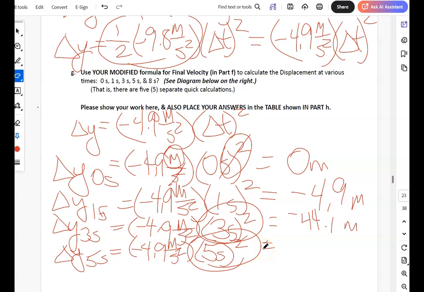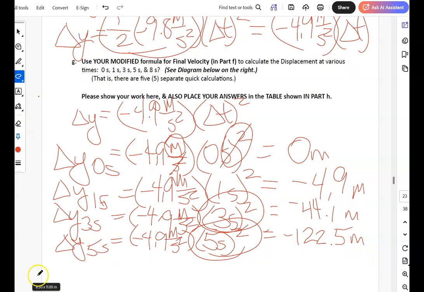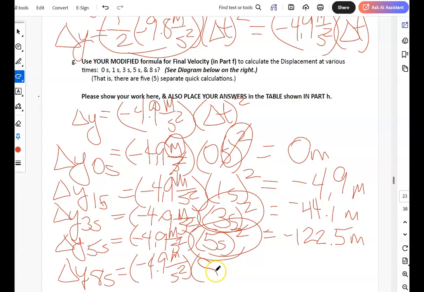And when we multiply that out, we get that the object has fallen 122.5 meters. In other words, the displacement is negative 122.5 meters.